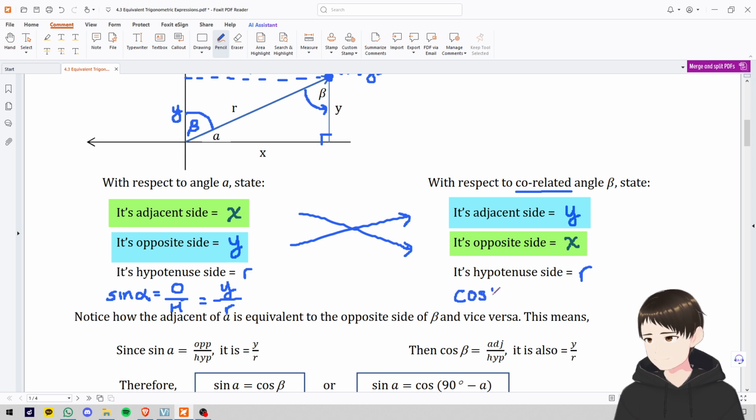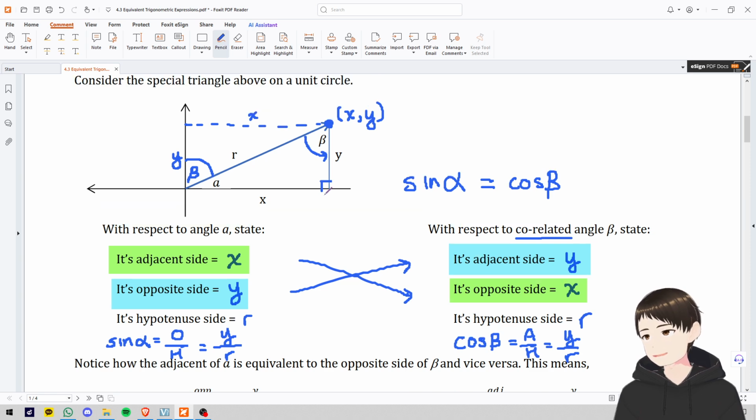Cosine of angle B is adjacent over hypotenuse, which is what? For angle B, adjacent is y over r. What did I just show? Sine of angle A gives me the same ratio as cosine of angle B.